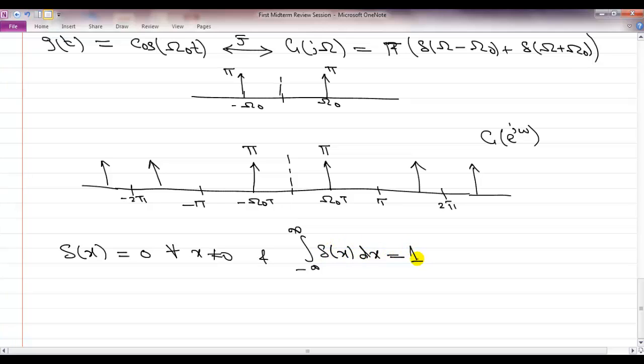That is the mathematical definition of delta x. So one of the problems you were given was that if you scale your delta x by delta of x over a, what is that equal to? And the answer is that is equal to 1 over a delta of x.